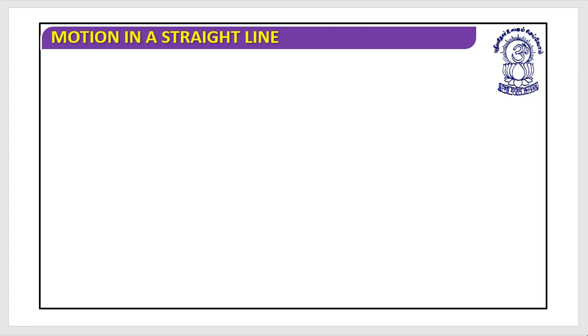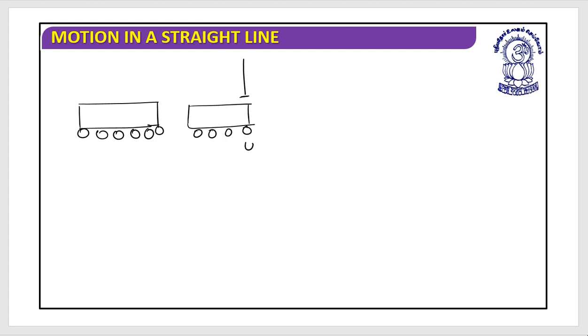Let's look at this. Let's say this is the pole P, and here the train would be. When this train reaches here, that means just the engine is passing, that velocity is u.